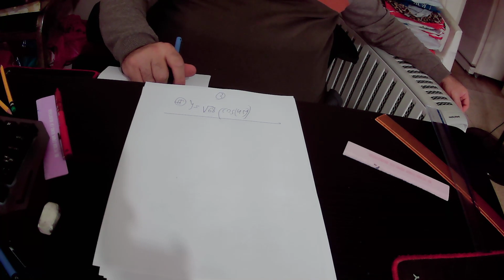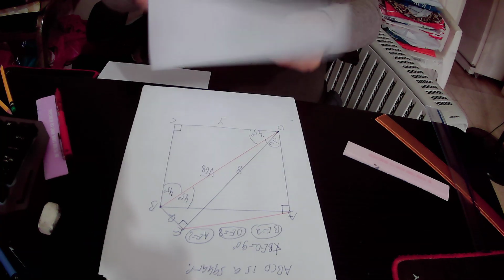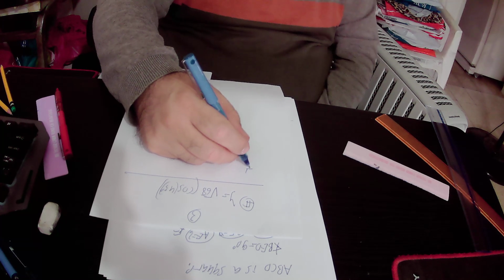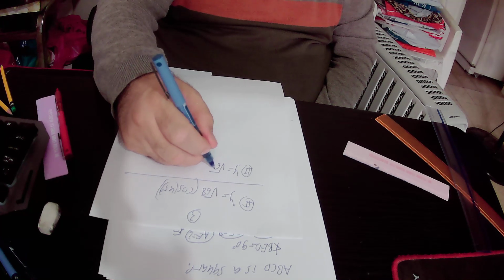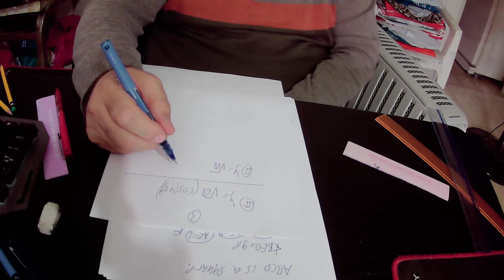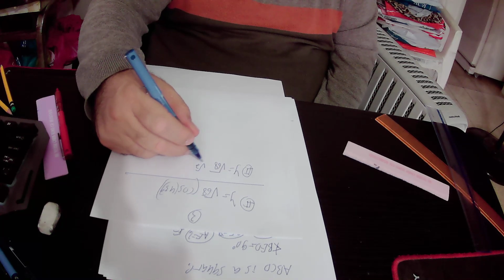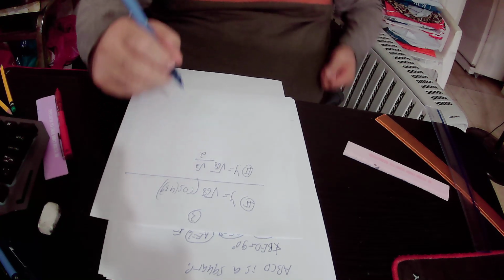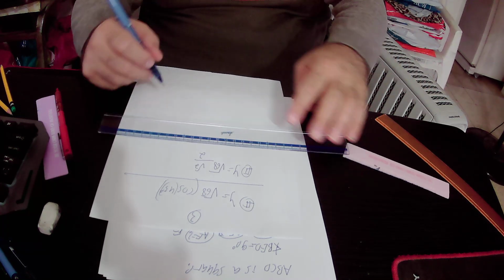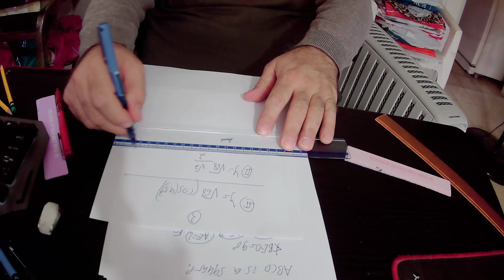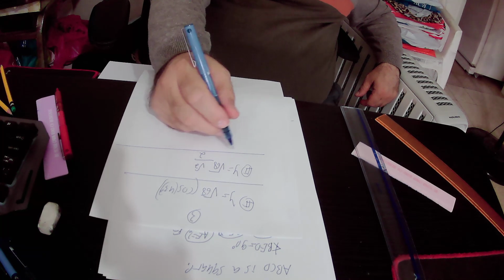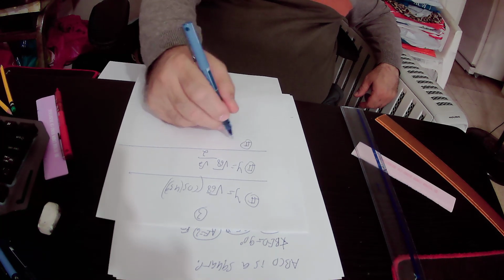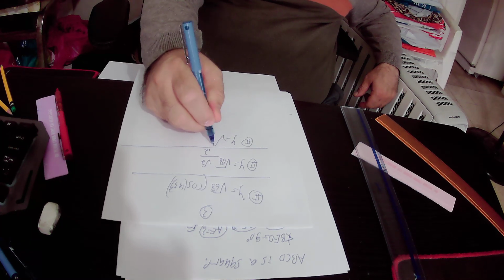We know that cosine 45 degrees is square root of 2 over 2, so I write it down. We will get that y equals square root of 68 times square root of 2 over 2. We also know that 68 equals 34 times 2, so we substitute 68 inside the root by 34 times 2.